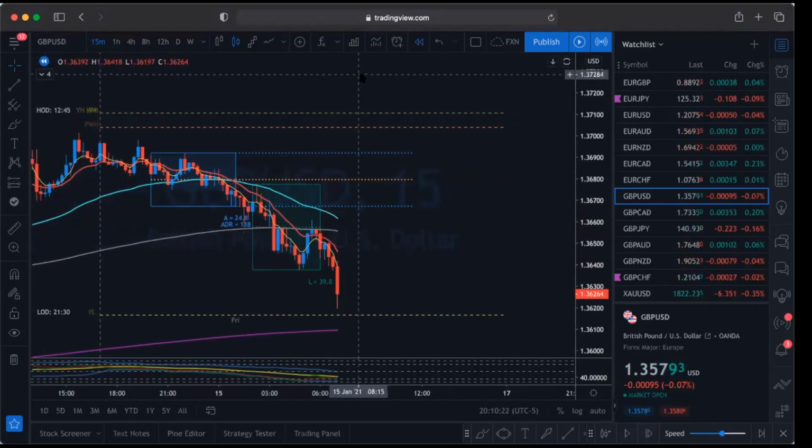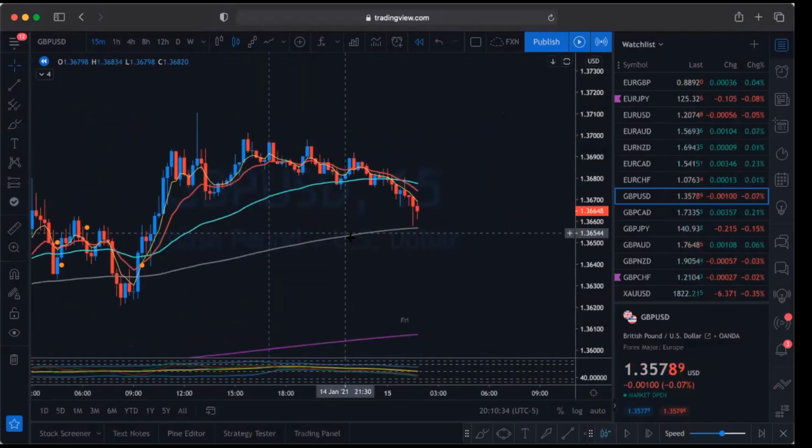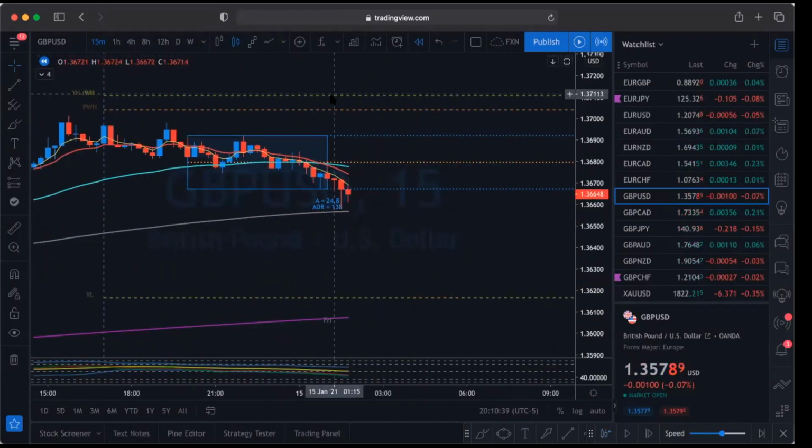Now, if you tell me that at the same time this pattern here, let's say this price action was up here, then I would tell you something completely different.